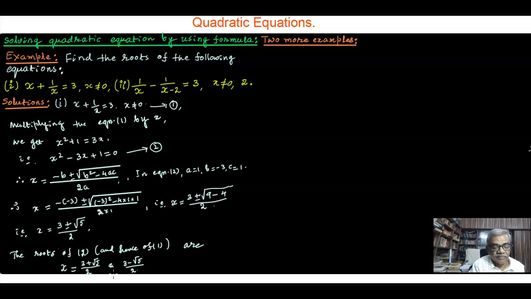These are the roots, and now you can see the second example.